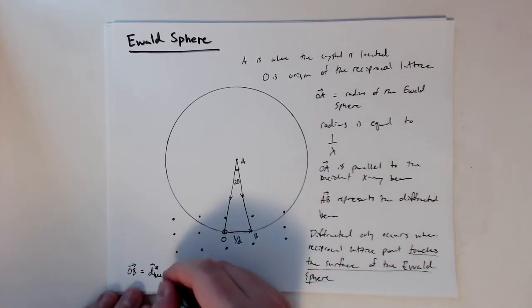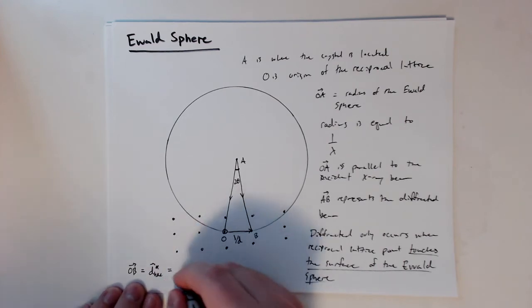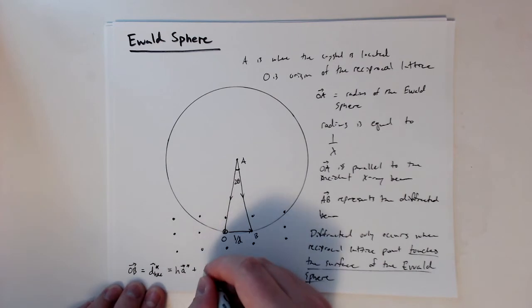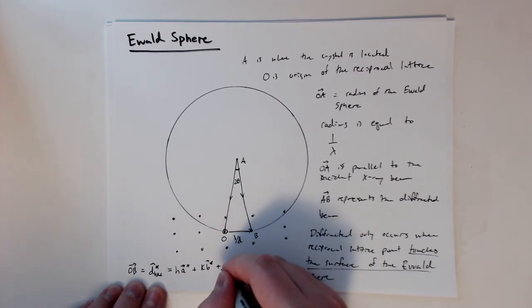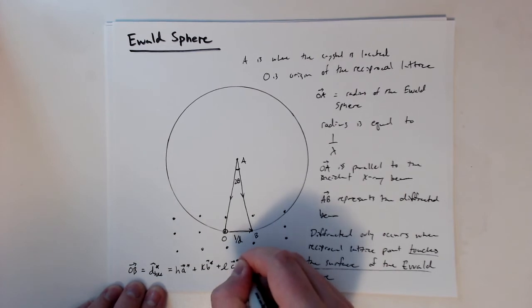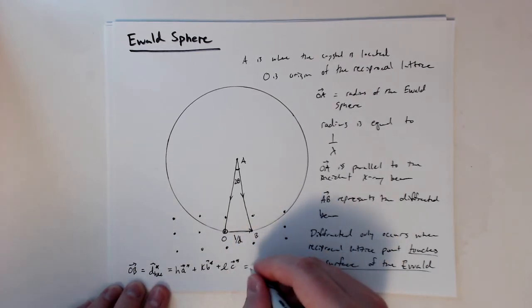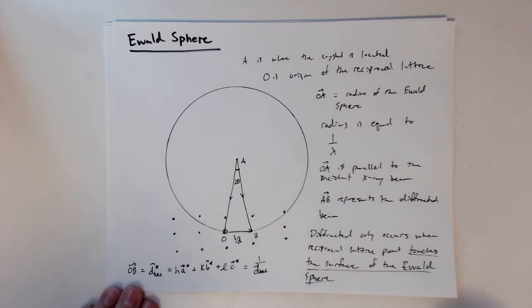So we can say this is h a star plus k b star plus l c star, and it has the length equal to 1 over d_hkl.